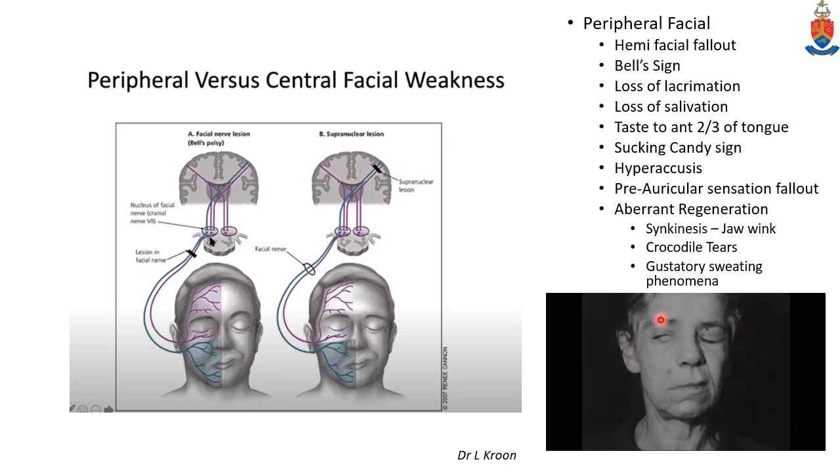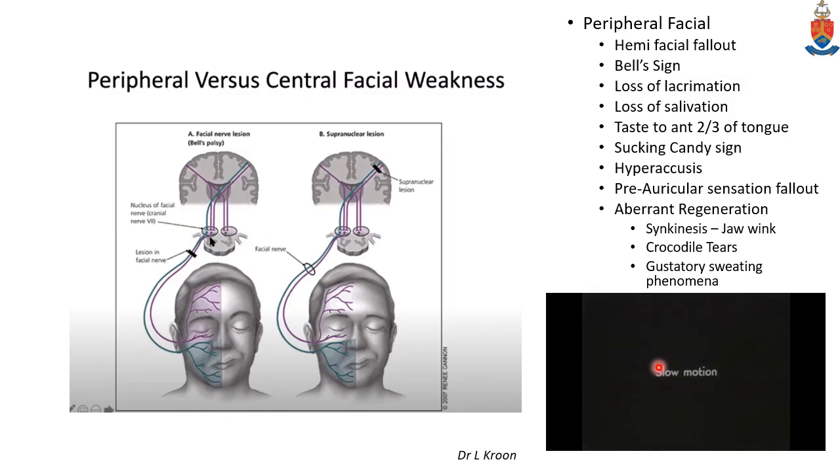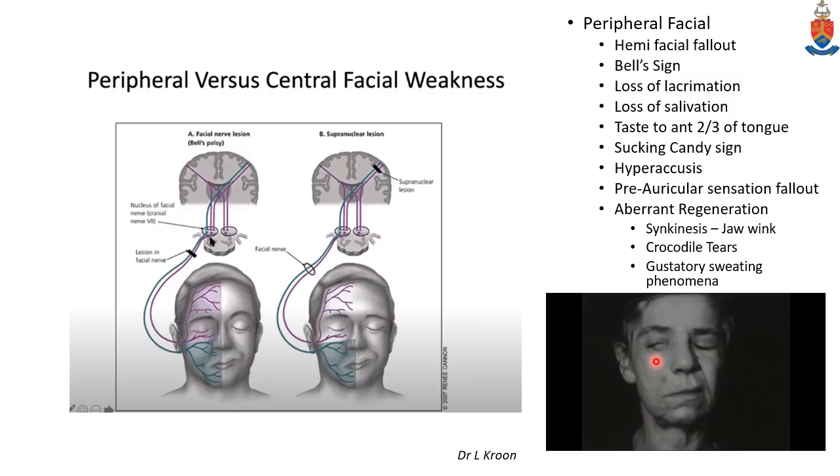Okay, so he's asked to close his eyes and look at this white sclera sticking out, is showing, and that's typically what we refer to as a Bell's sign. The sclera sticking out when you're asked to close the eyes, activating that orbicularis oculi muscle, and therefore there's incomplete activation, causing the sclera to stick out.